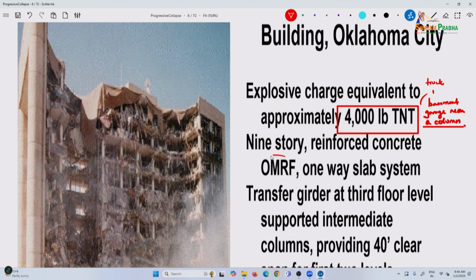Nine-story, and OMRF, I talked yesterday about different types of moment resisting frames. For the response modification factors, in concrete and steel, you have ordinary moment resisting frames, intermediate, and special moment resisting frames. So this is less ductile. The ductility comes in having R as a higher value.